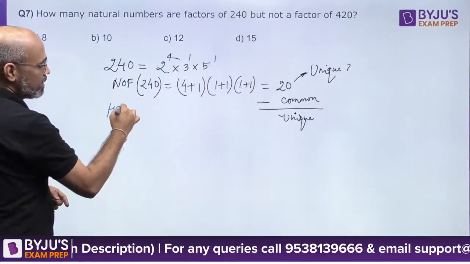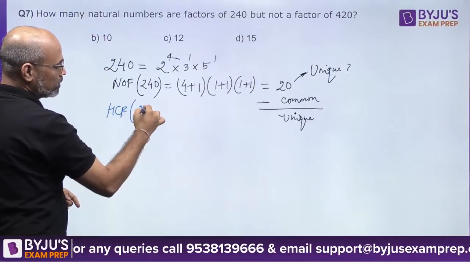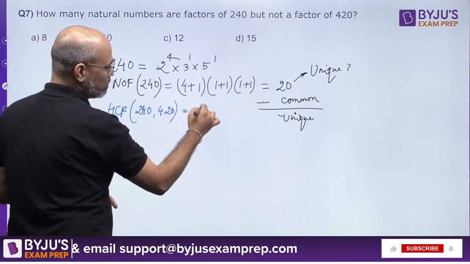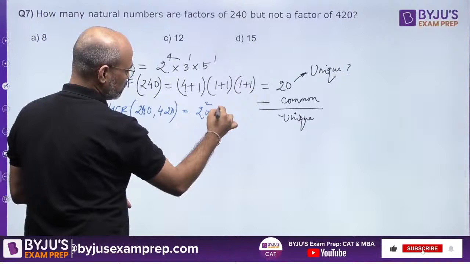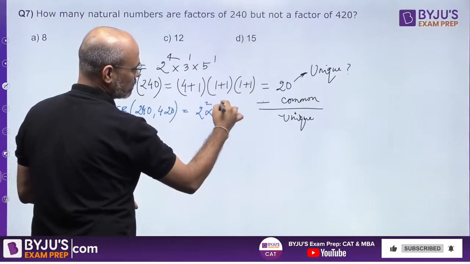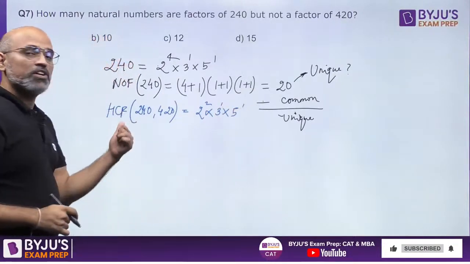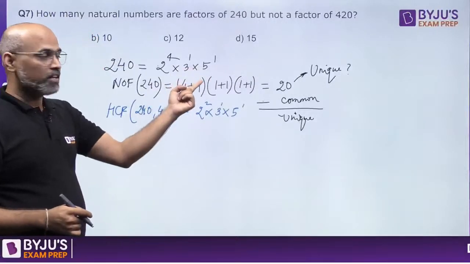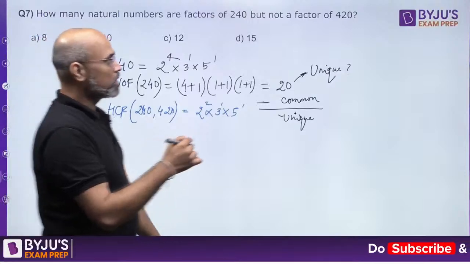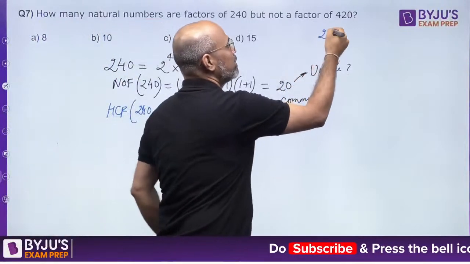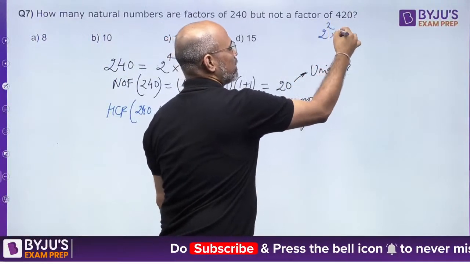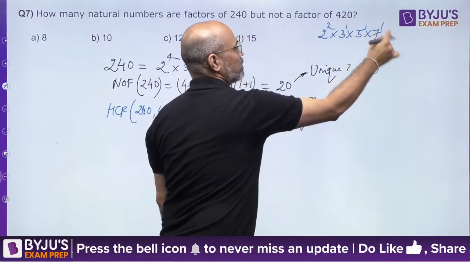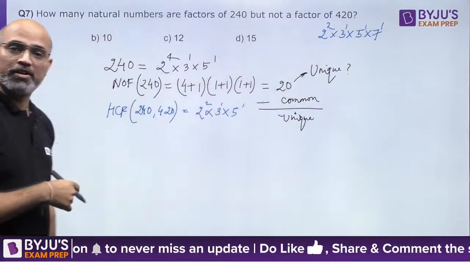So HCF of 240 and 420 is going to be 2 square into 3 into 5. Obviously, in order to get to the HCF, you will have to prime factorize 240, which we have already done. Prime factorization of 420 is going to be 2 square into 3 to the power 1 into 5 to the power 1 into 7 to the power 1. So this is the prime factorization of 420.